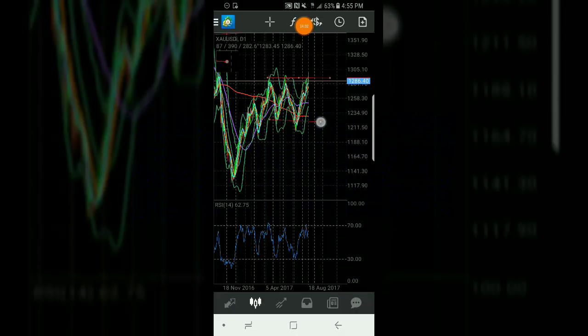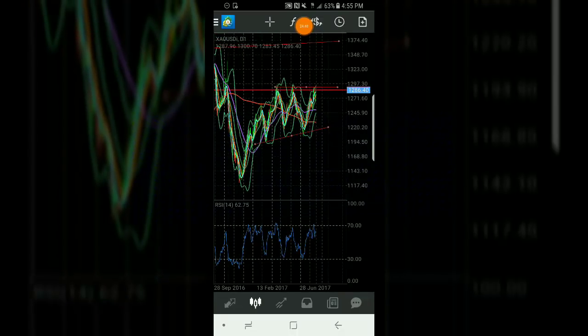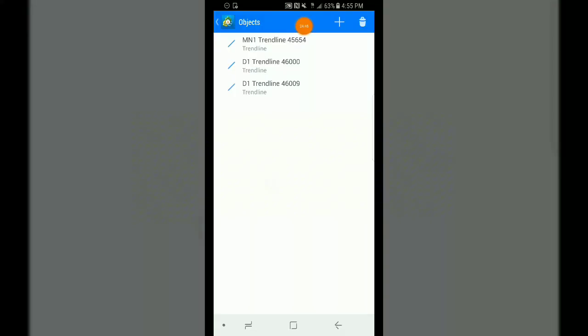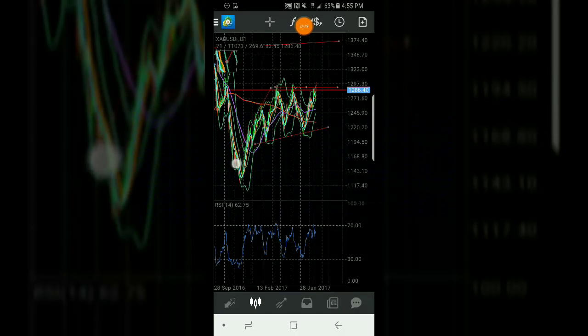Actually, I'm going to do it this way. All right. So that is what it's going to look like right there. And then you have another trend line that I'm going to do. I'm going to say that can be right there. So there's your flag pattern.